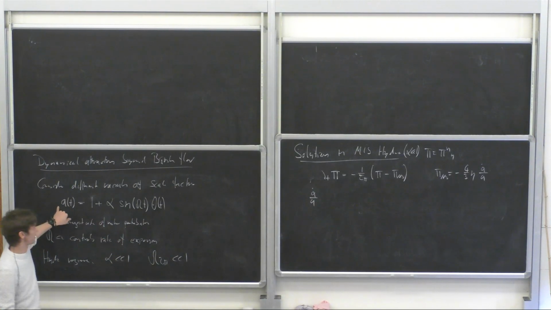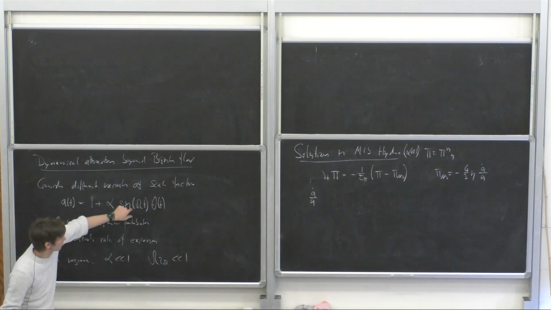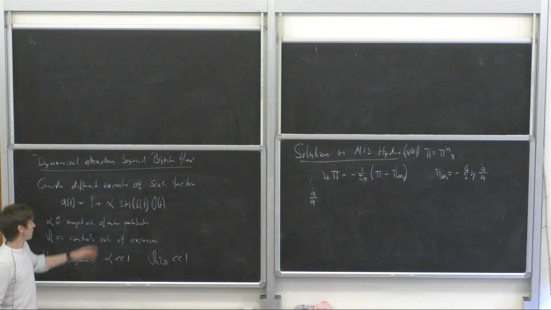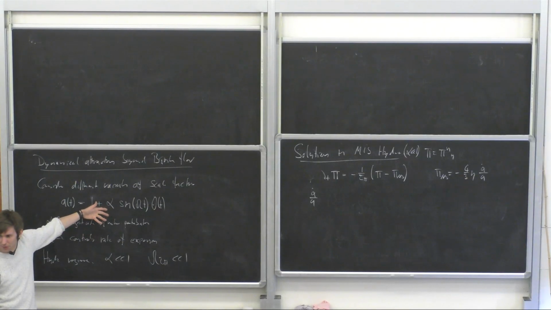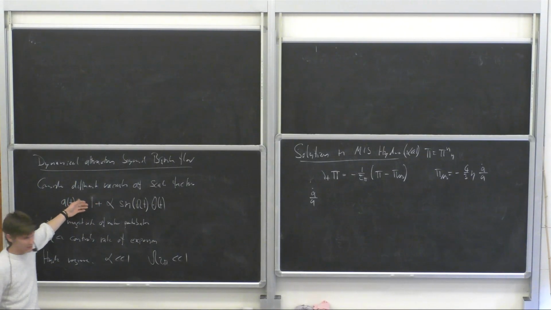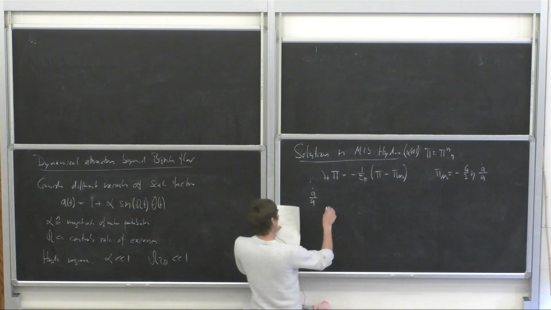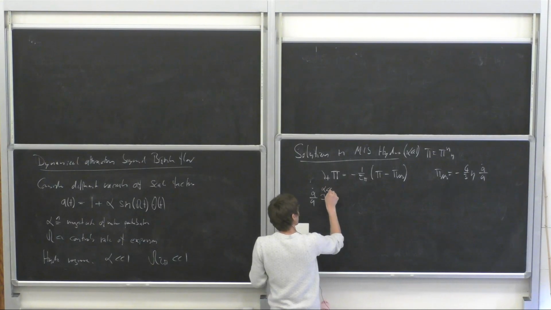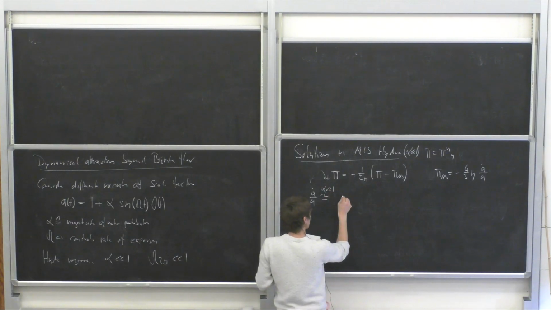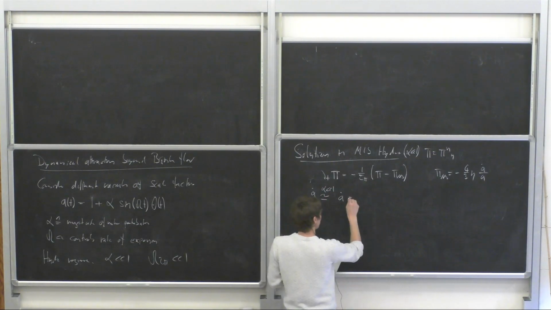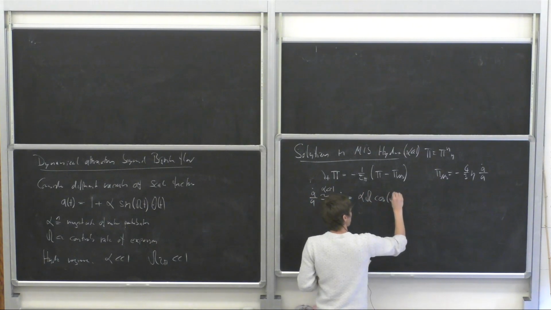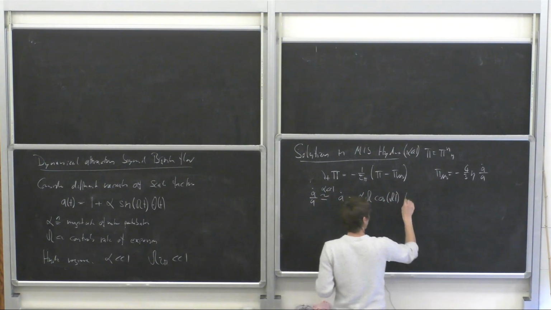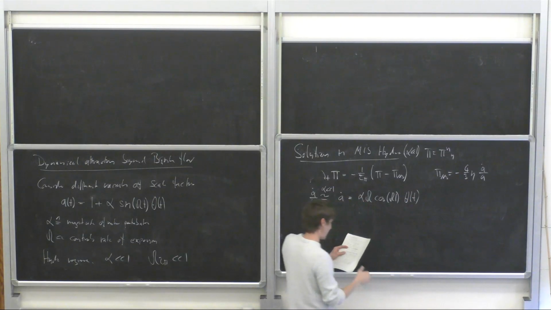If I take a time derivative, I get alpha omega cosine, but then I have to divide by A, and because I already have one power of alpha, I can just set the scale factor itself to 1. So for alpha much less than 1, this is basically just A dot, which is the same as alpha omega times cosine of omega t, and I should retain this theta function here.